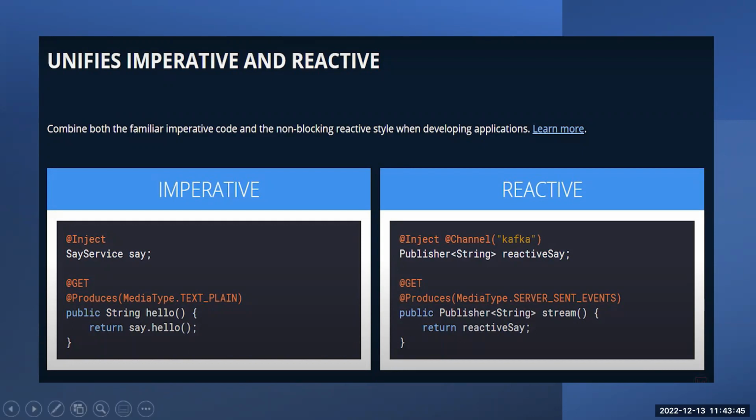In reactive programming, the framework registers a callback, and the framework is responsible for calling the callback correctly. So callback functions are involved in reactive programming. Now Quarkus supports both imperative and reactive programming. Let me move to the next slide.